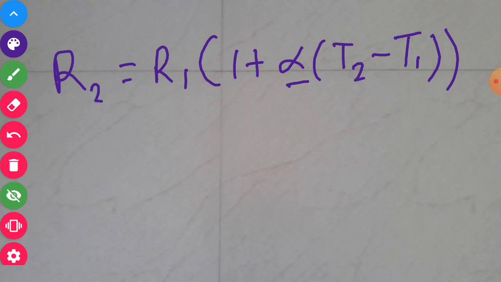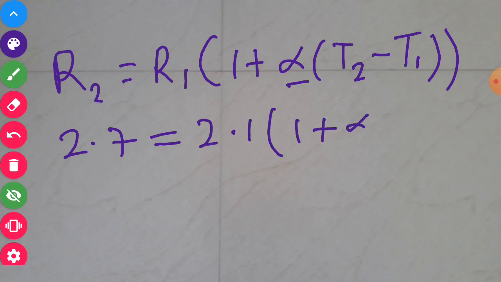The value of R2 is 2.7, value of R1 is 2.1, 1 plus alpha, then T2 minus T1 you can take 100 minus 27.5. And you can simplify this very easily.